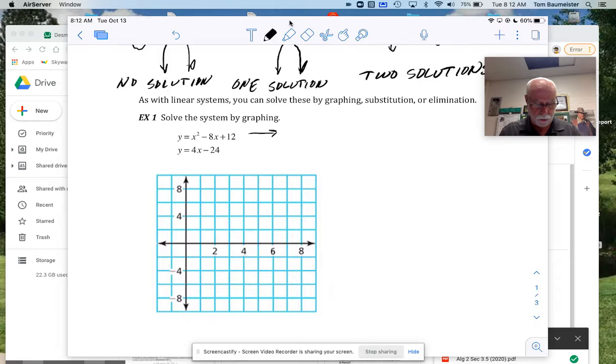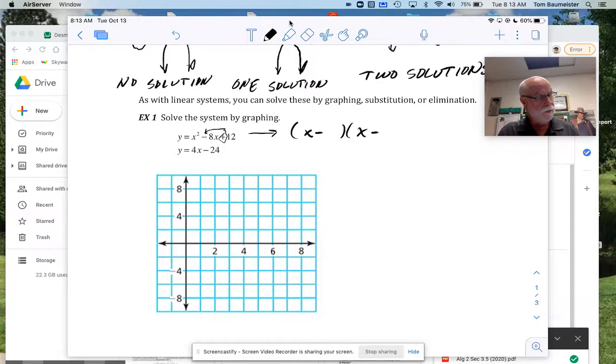Since it's a coefficient of 1, I know I'm going to have an x and an x. Look at the last sign. If it's positive, look at the next previous sign. If that one's negative, then they both have to be negative, because a negative times a negative is a positive.